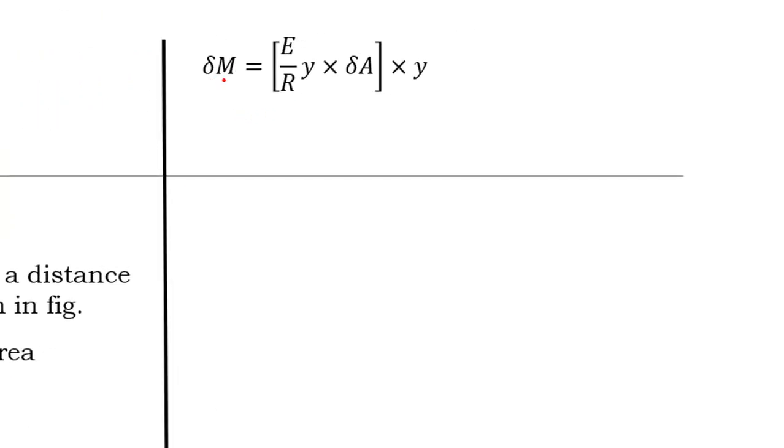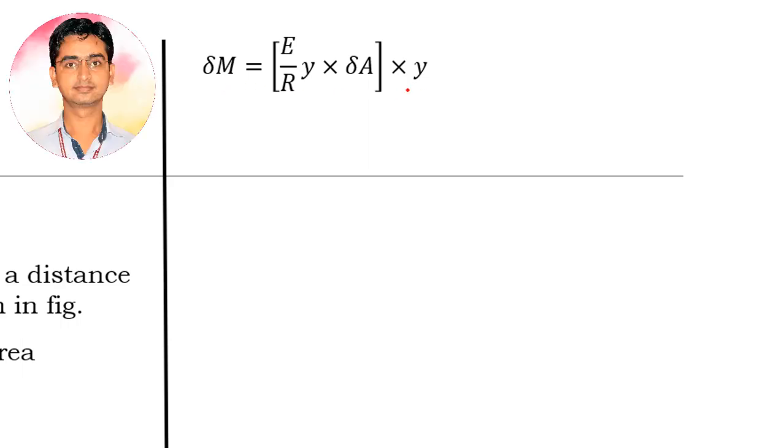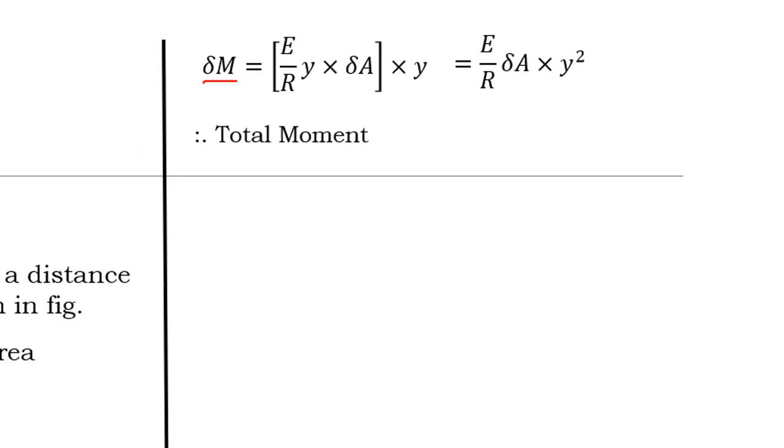So the moment acting on the small elemental area is equal to force into the perpendicular distance y. Now here E and R are constants that I will take separate here. So y square dA you will get. But whatever moment we calculated is on this small elemental area. If you want to calculate for the whole area, then we will take the integration or the summation of all these things.